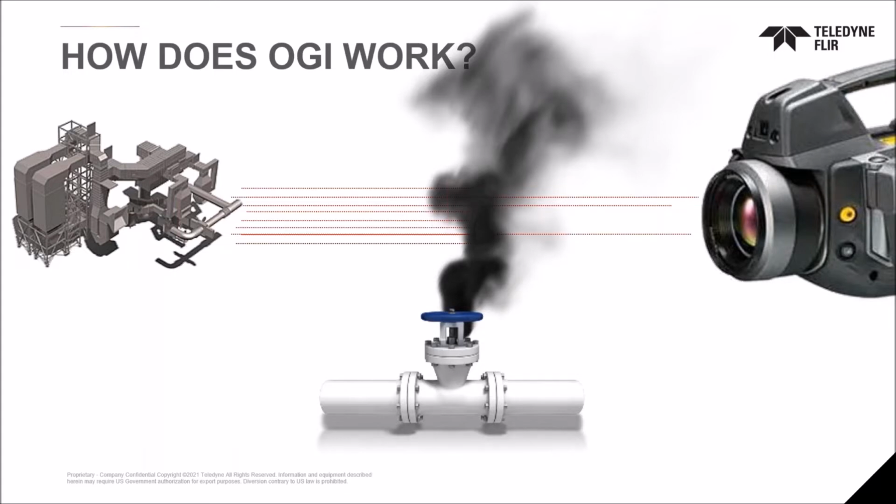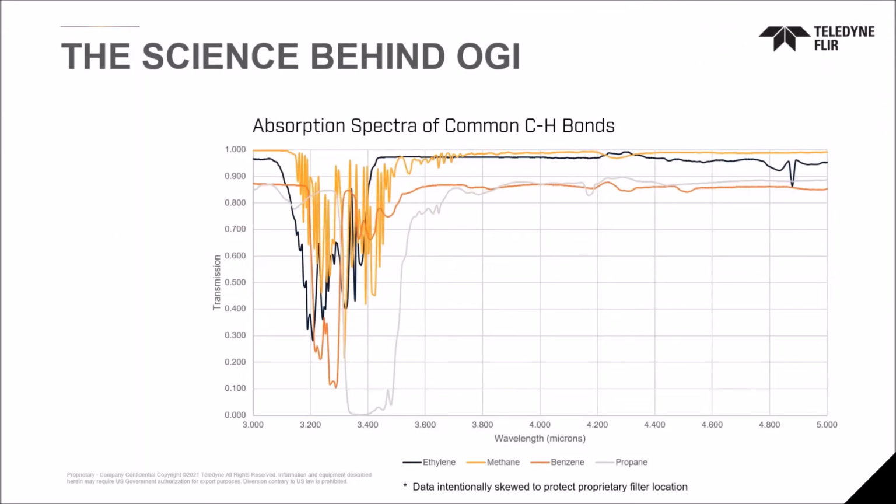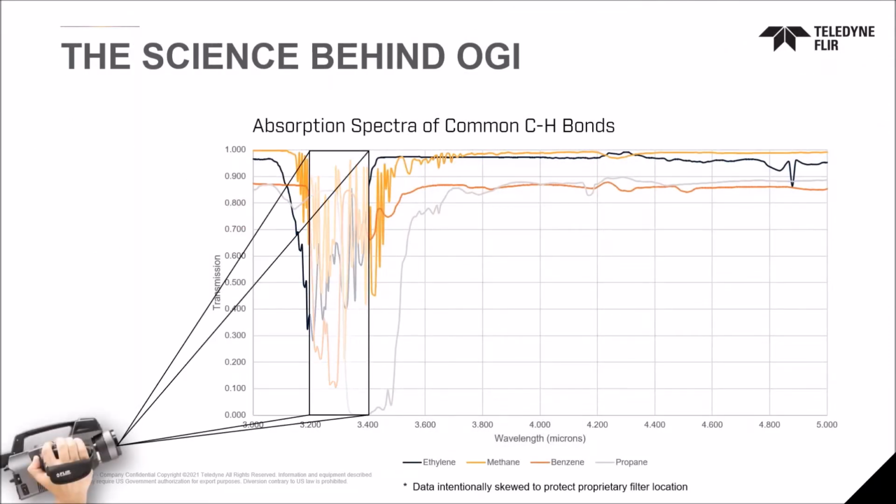That almost creates a negative image, and that's where the smoke-like image is portrayed, because we're blocking that energy from getting into the camera. We'll get into that a little bit more when we talk about QOGI technology, but that's the most basic way to understand OGI.